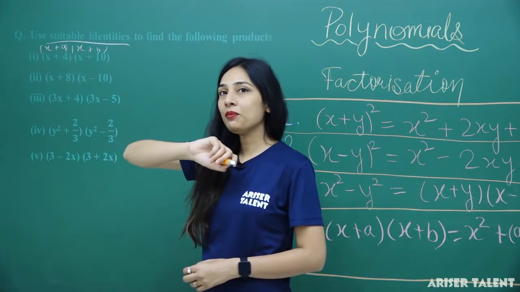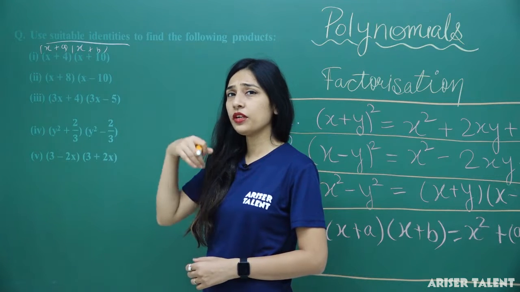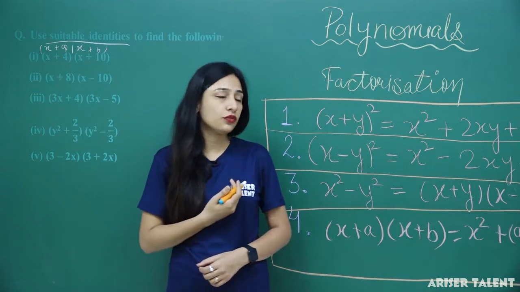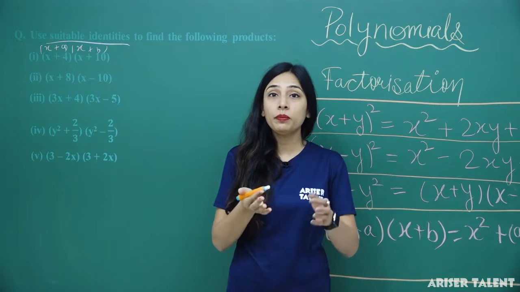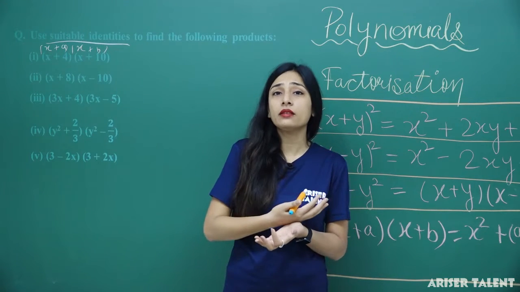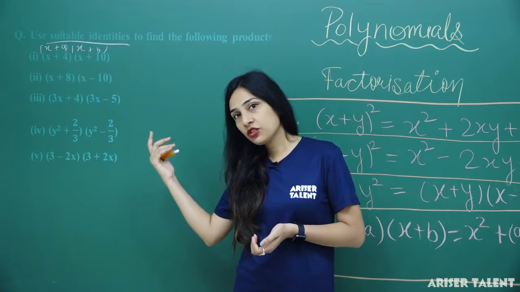Now you will say, ma'am, how will we identify? Isn't it very difficult for us to find out which identity to use? These 4 identities are not all; there are more identities to be added. So how are we going to judge which identity to use in which question?